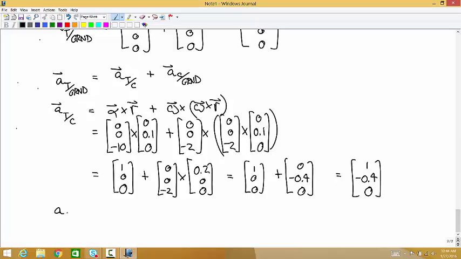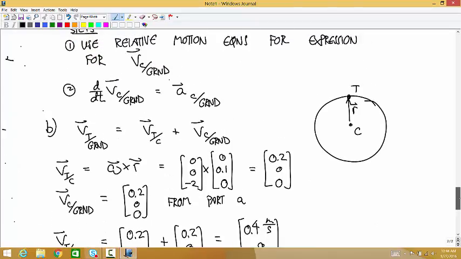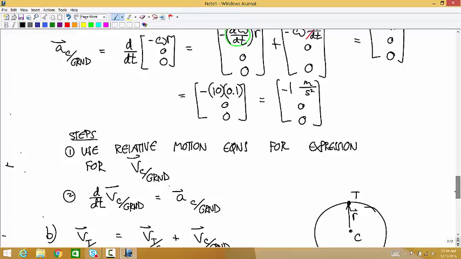The acceleration of the center relative to the ground, we did that one in part A. -1, 0, 0.